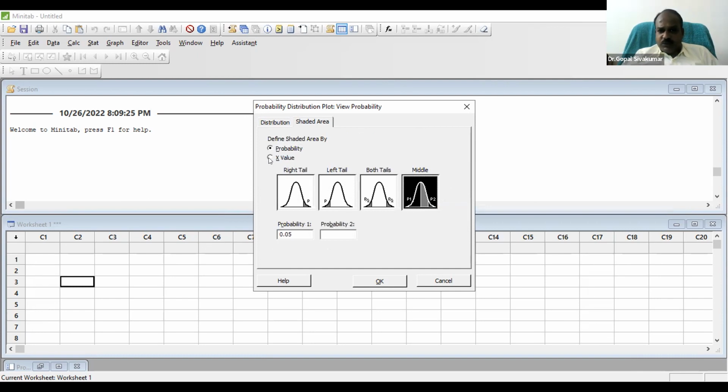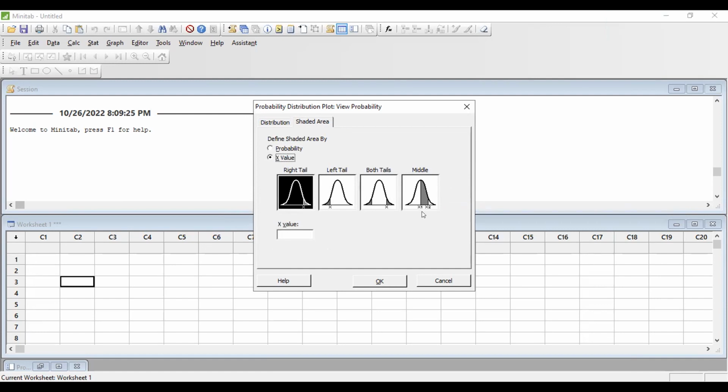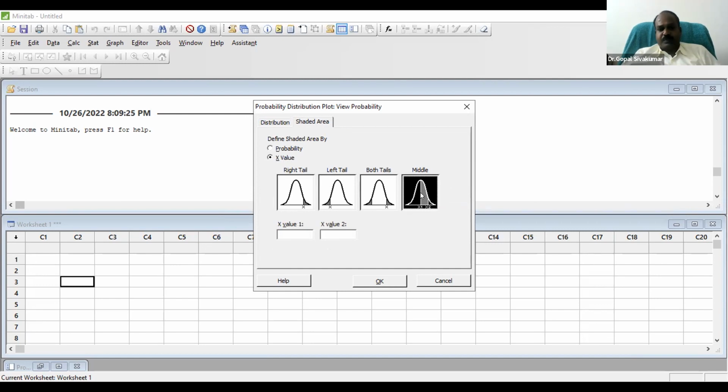And we also want to give the x value and find out the probability. So now probability is enabled. Now you enable x value. Look here, x1, x2, both options are available in the last map. So choose the last map, and x1 is how much? You said -1, right? And x2, the point on the right side, that is 2. 2 means +2.